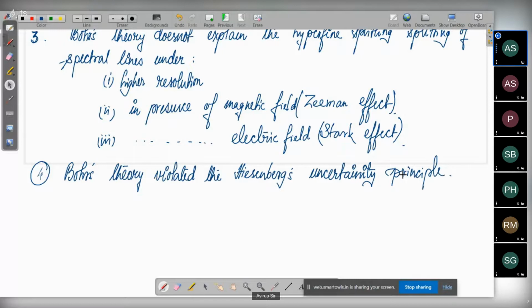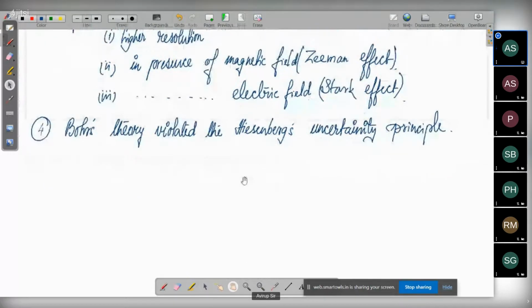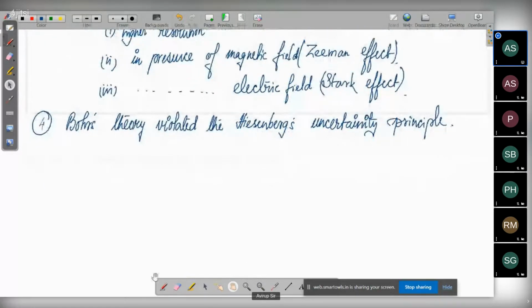So Bohr's theory did not follow the Heisenberg principle. Now what is this Heisenberg principle? That will be seen in the upcoming classes. In the next class only, we'll be learning about this Heisenberg's principle.